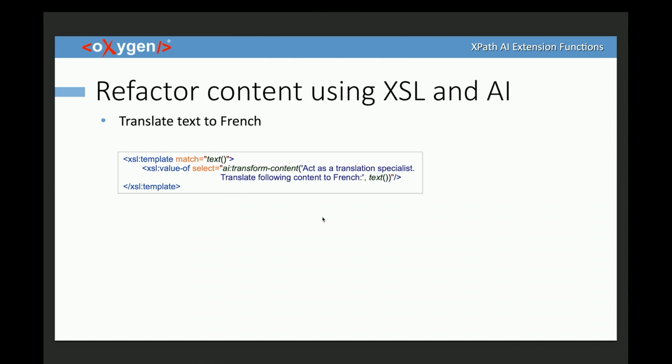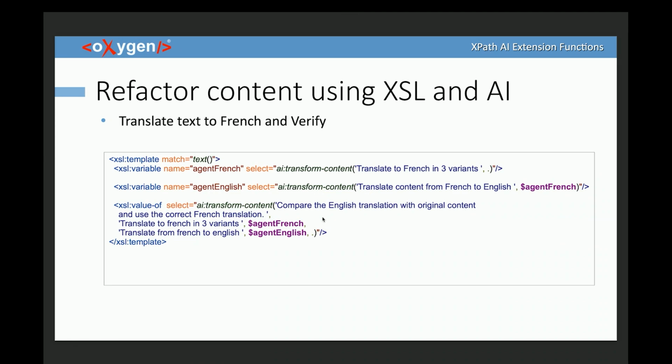Then another example would be to translate content, the action that also Radu showed you, so you can translate content from one language to another. You can configure your prompt, so you can have it for multiple languages, and you can use a refactoring action to perform this translation. And you can also improve it and use also the history support, to make a translation, for example, in French, but first translate back to English.